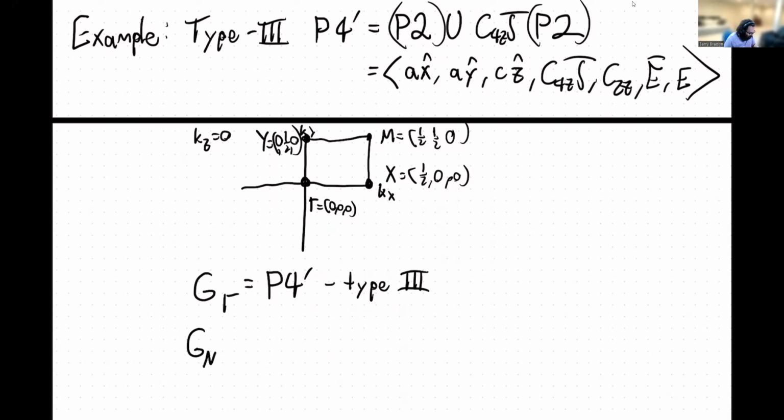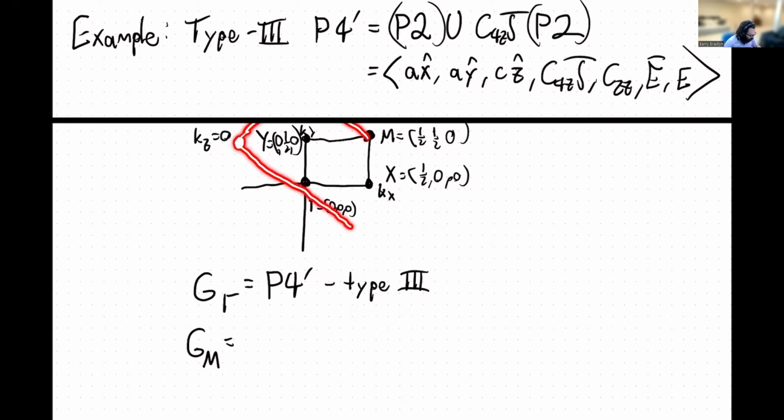If we look at the M point, we have similar analysis to what we did last time. If we look at what happens to the M point when we do our fourfold rotation times time reversal, well, a fourfold rotation takes this point 1/2, 1/2, 0 over to this point, minus 1/2, 1/2, 0.